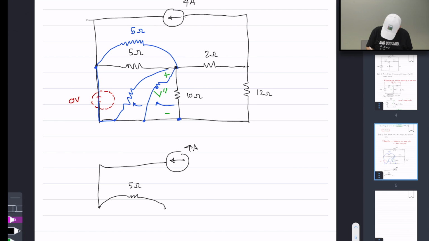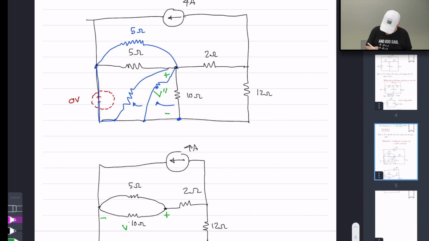The other one I've bent downwards, kind of like this, and slid it all the way from where it used to be. This is the 10 ohm resistor. We have our 2 ohm resistor there, our 12 ohm resistor here. And then the rest of our circuit is complete. And the voltage that we're looking for is the voltage between that node and that node, V double prime across that.